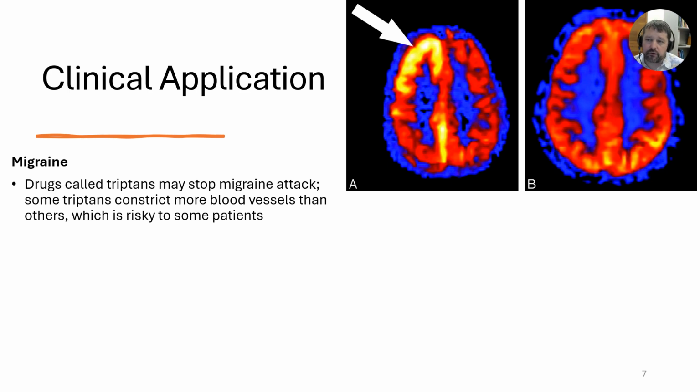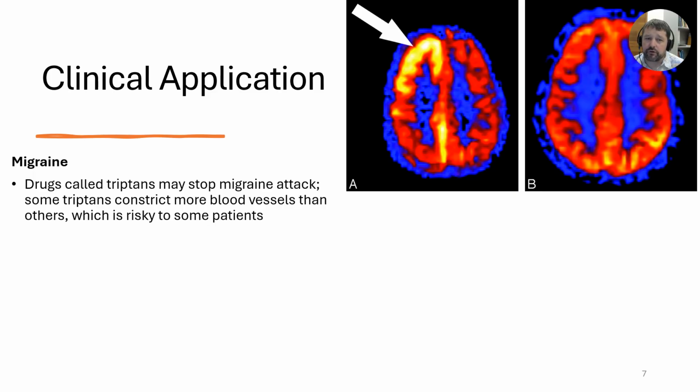We know that there are some drugs that could potentially stop migraines from happening. If you have chronic migraines, triptans would stop that migraine from happening because it decreases blood flow. It constricts blood vessels. But that's extremely risky in certain individuals.